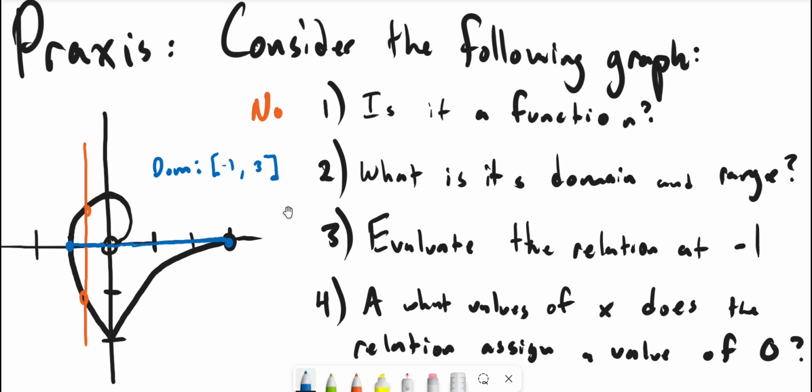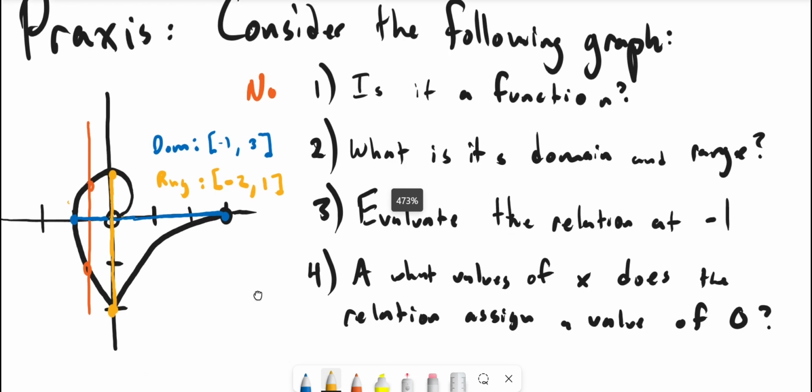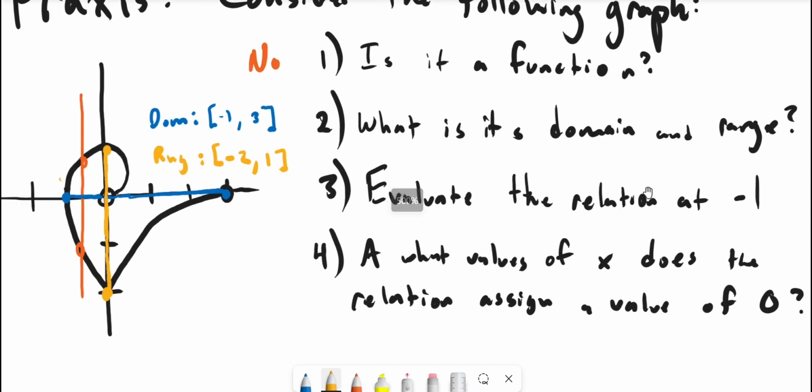Now let's figure out the range in the same way, asking the same questions about y. What is that interval? What's the yellow interval on the y number line? It's our range, right? And that's going to be from -2 all the way up to a highest value of 1, inclusively. Let's evaluate this relation at -1.